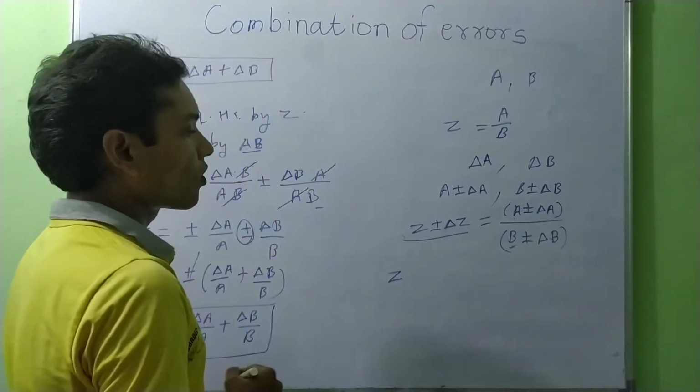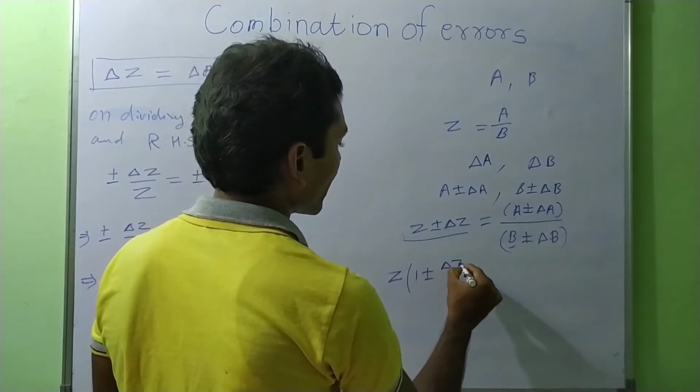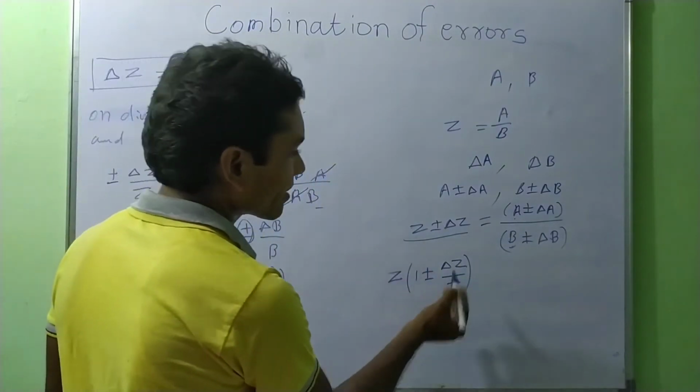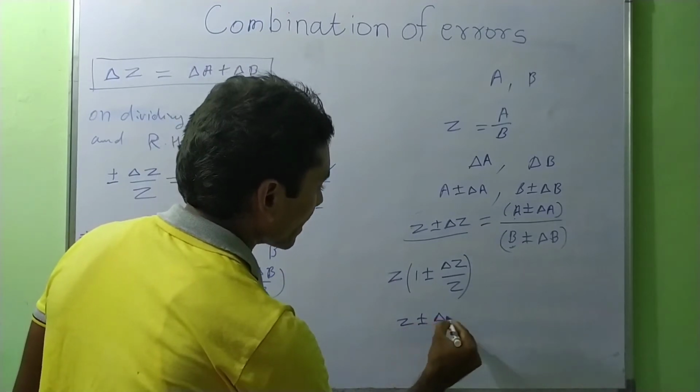On taking Z common, it will be Z into 1 plus minus del Z upon Z.